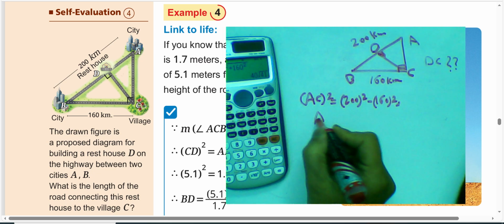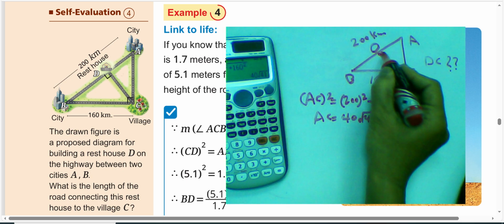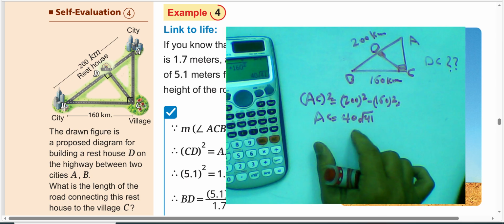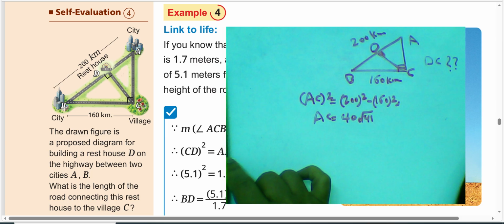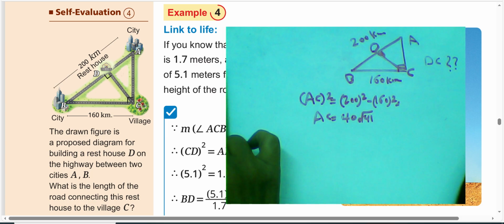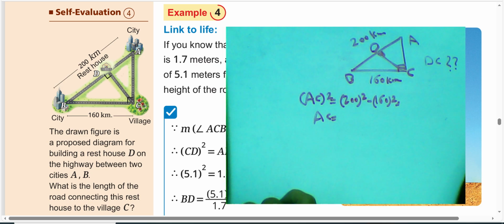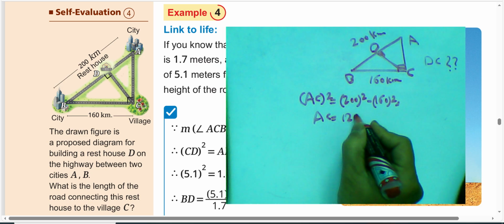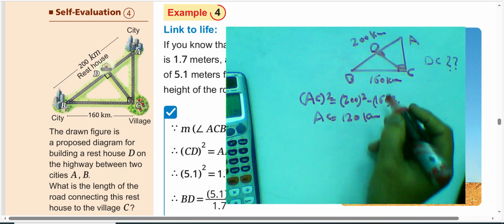Then EC will be 40 square root of 41. Is it correct or not? Oh, minus again. This is minus, not plus. I wrote plus in the calculator. The result will be 120 kilometers.